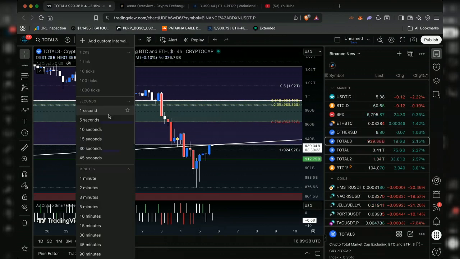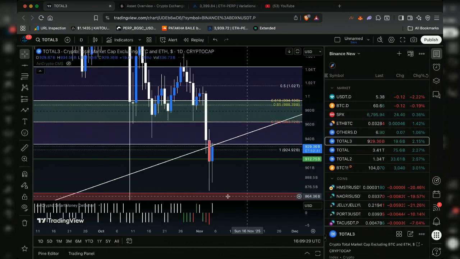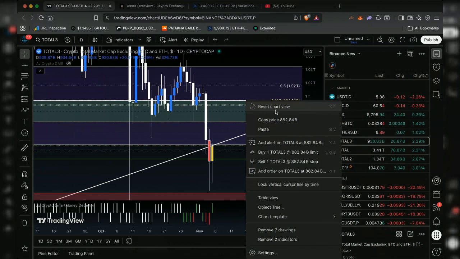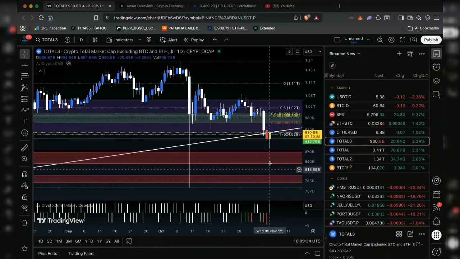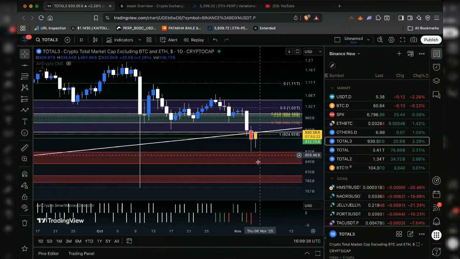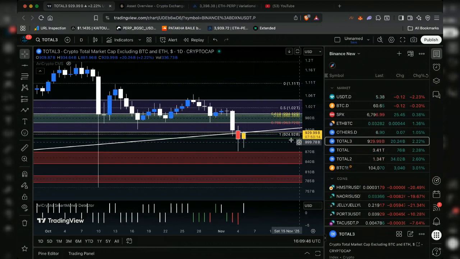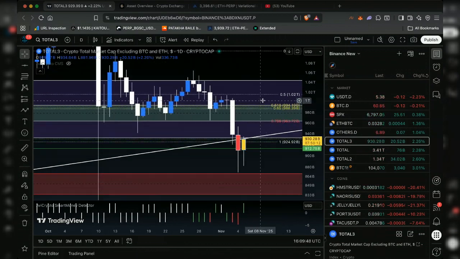Total 3 chart is something that you can see here, right? Again, the sellers were dominating and the yellow candle is forming. That means the sellers are getting absorbed by the buyers. As you can see, this is a green candle which is taking a yellow color, right? So which can be a sign that this was the golden level area.